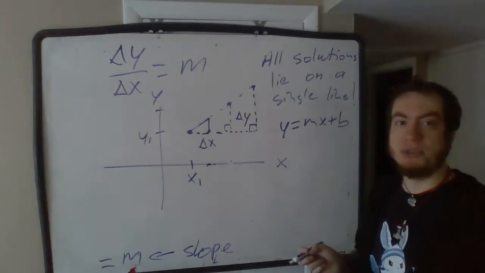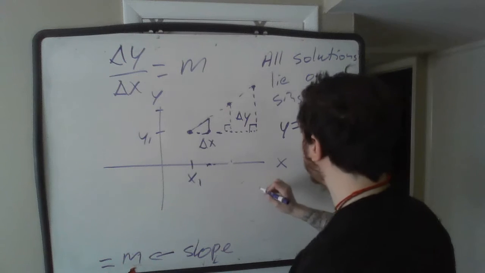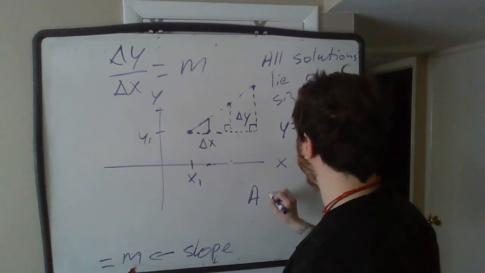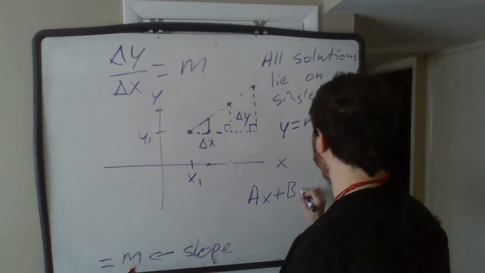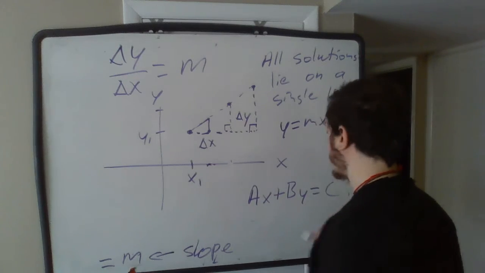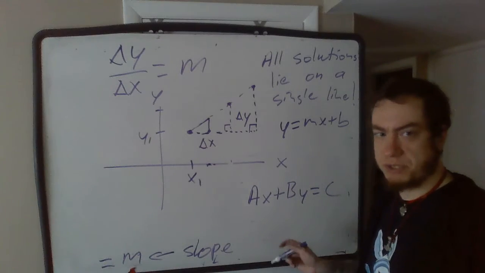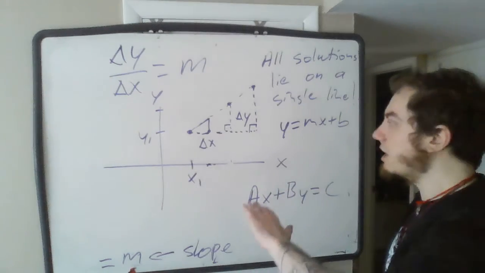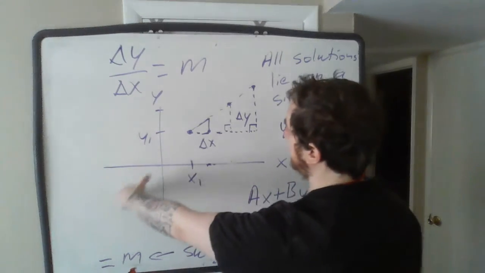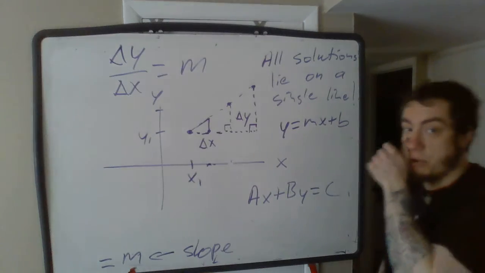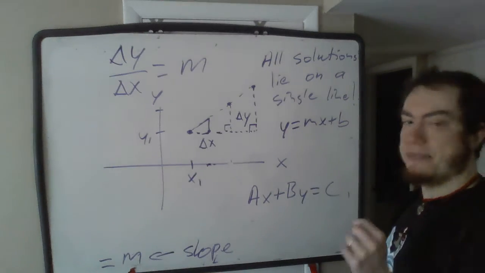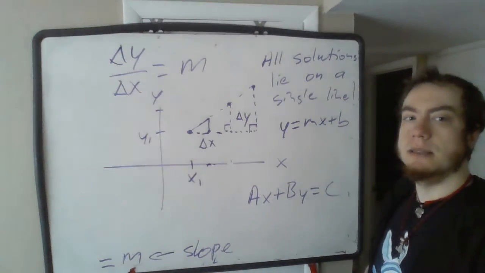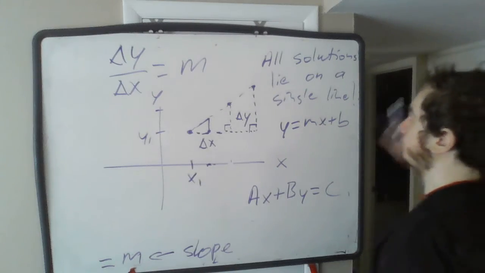And in fact, when you put that together with case 1 and case 2, what we really showed is that any equation of the form ax plus by equals c, the graph of this is going to be a straight line. It might be a vertical line, it might be a horizontal line, or it might be a slanted diagonal line, but it will be a straight line. And that is why we call these things linear equations.